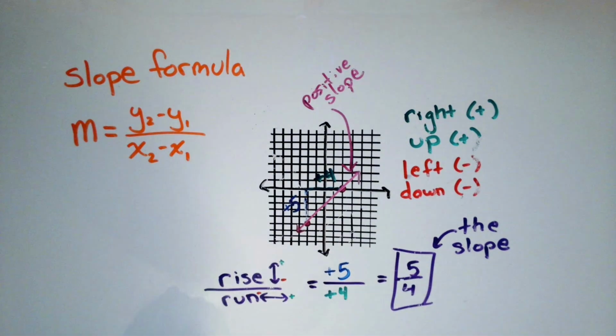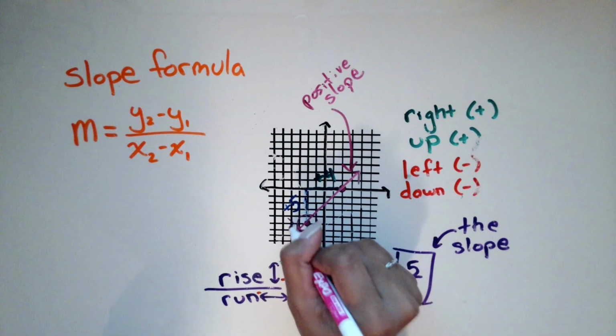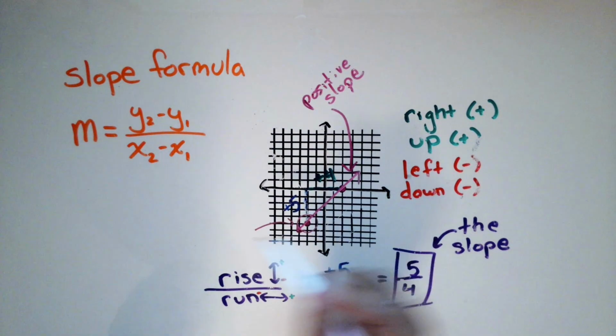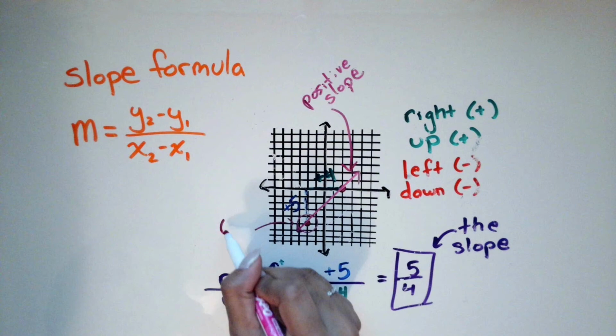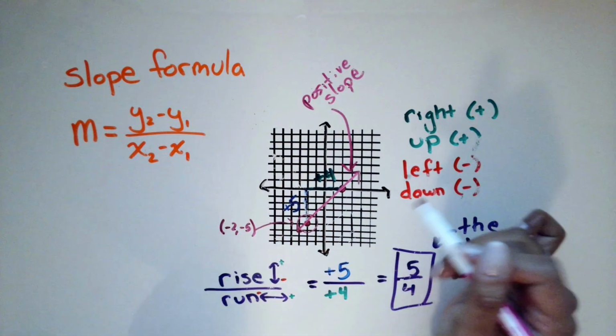Take a look at the points that are given on this graph already. I know we found the slope already, but I want to show you how you would calculate it. So you have the first point, which is -2, -5. Then you have the other point, which is 2, 0. You want to plug this information into the formula.